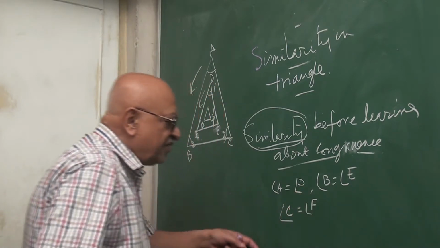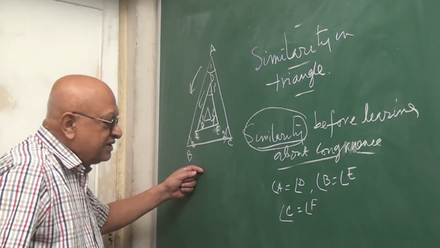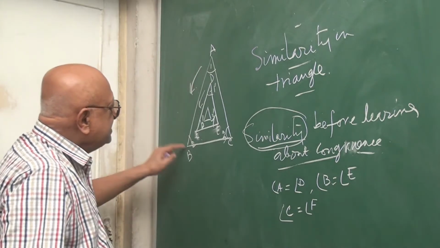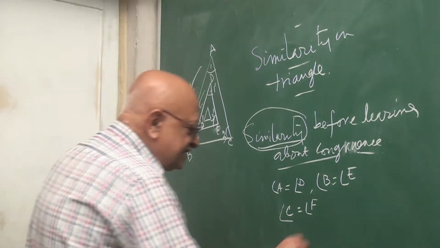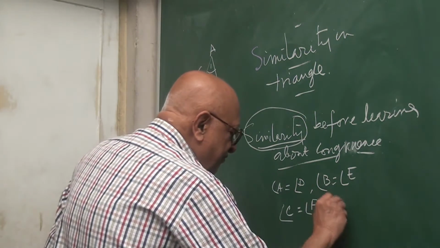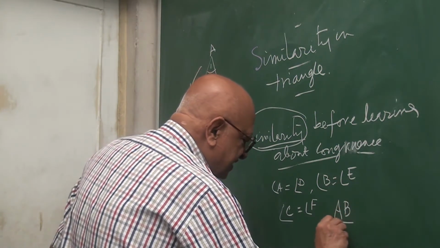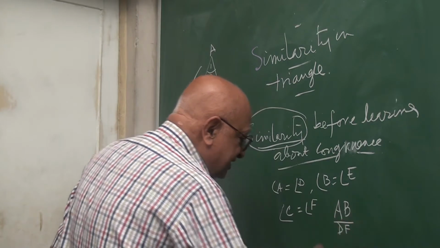This is one requirement. What is the other requirement? The ratio of the sides should be the same. If I write AB by DE, again it is the corresponding side.